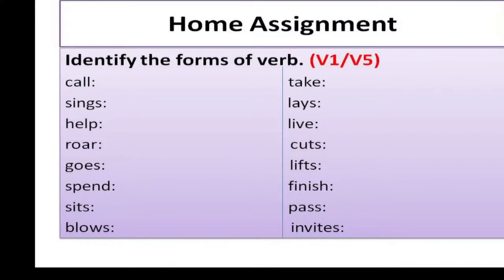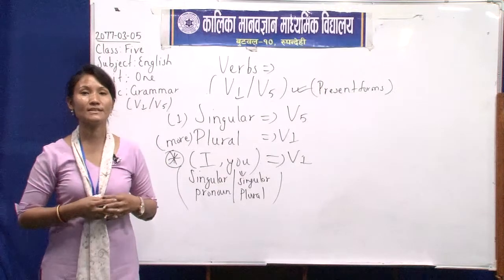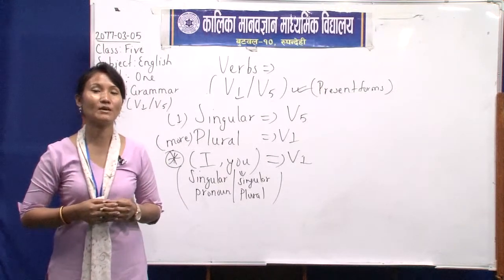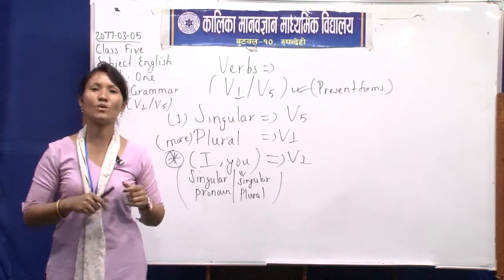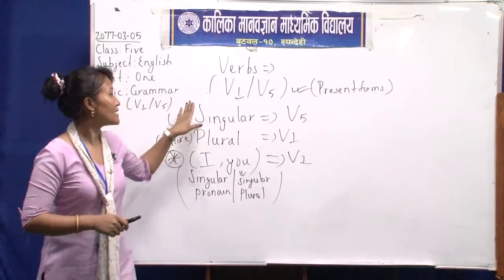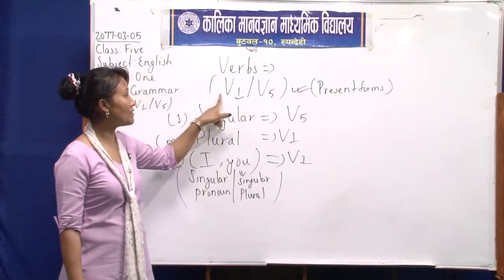Okay, have a look at the board once again. I guess you have noted it down, and I guess all the students are very clear about verb 1 and verb 5, because today I took one very small topic. I thought that you should have very good knowledge about verb 1 and verb 5.